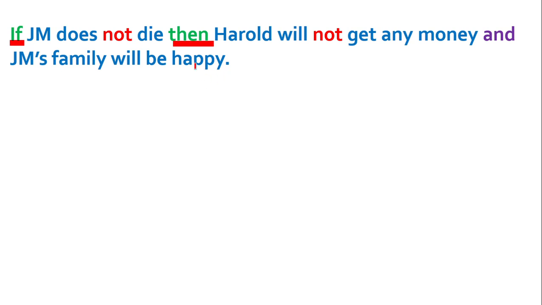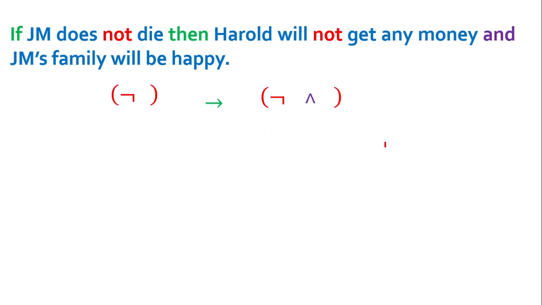Then, tsaka yung not, tsaka not, and N. Yan yung mga connectives natin. So nakita natin, yung red yung not, yung green yung if and then. So yan yung gamit natin.